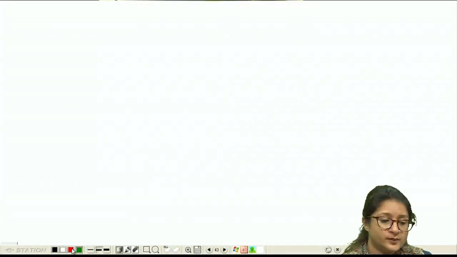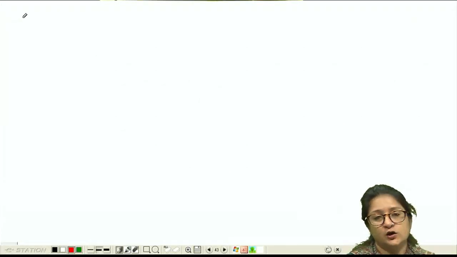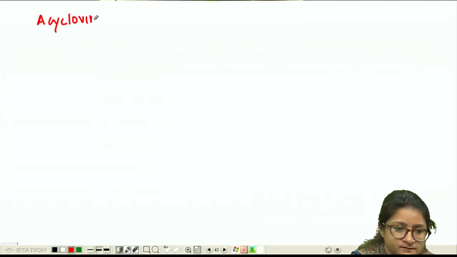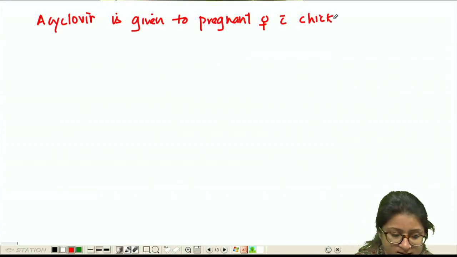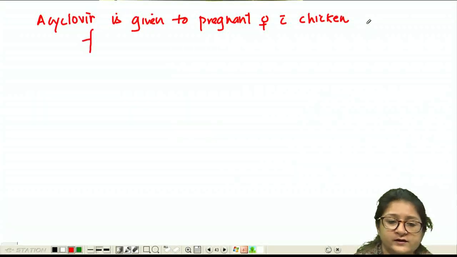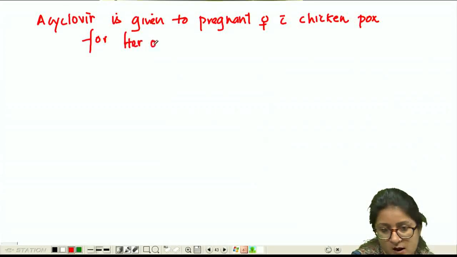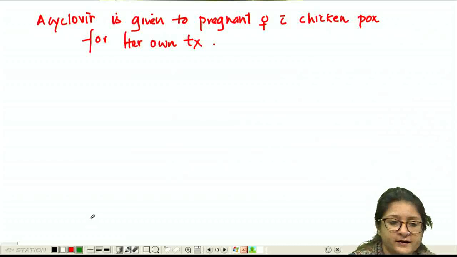Another important doubt that you people raise sometimes is about acyclovir. Does acyclovir reduce the chance of fetal infection? No. Acyclovir is given to a pregnant female with chicken pox for her own treatment, not to decrease the chance of transmission to the fetus.